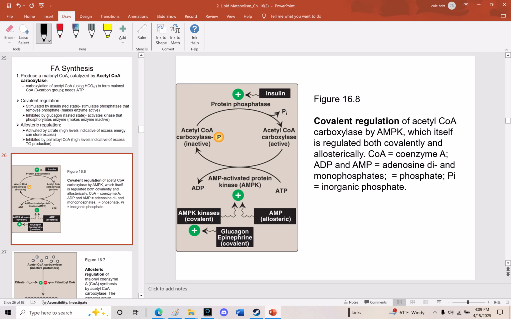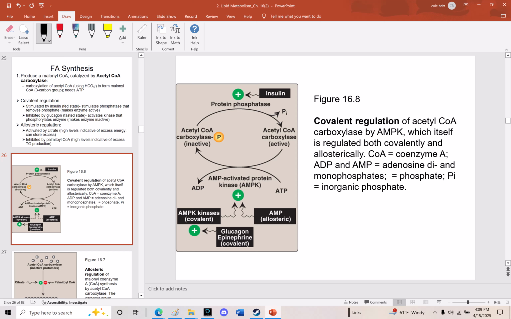I also want to mention, just really quickly here, you'll see this again, because a lot of students were confused by this last term as well. CoA: whenever you use a fatty acid, you actually have to add a coenzyme A to it. It's just the way that in order for the cell to move fatty acids around the cell, you actually have to add a coenzyme A, a CoA.